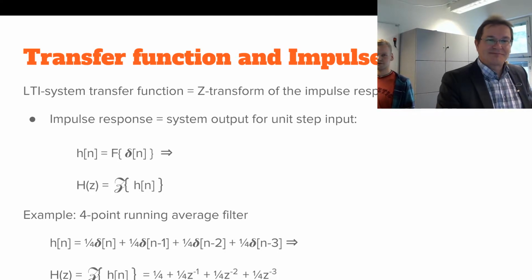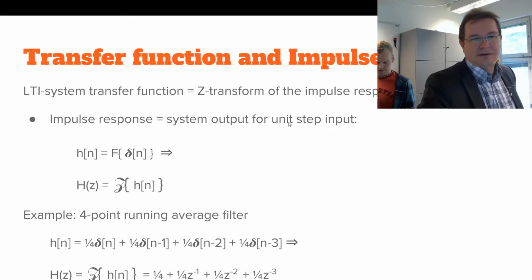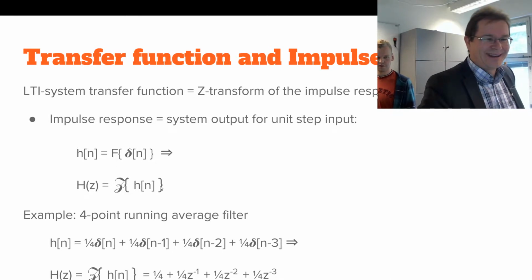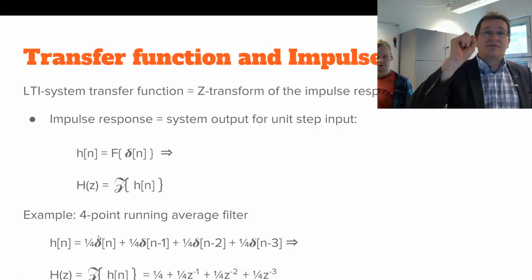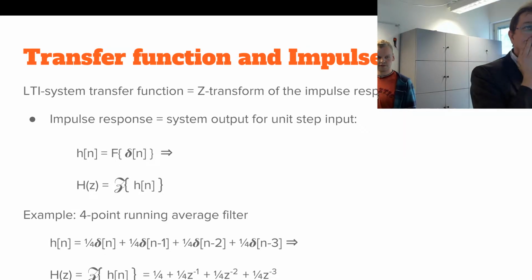Impulse response is the system output for a unit impulse input. That means if we have this running average filter again, we get the impulse response by putting delta instead of x, and then we do the z transform of that.